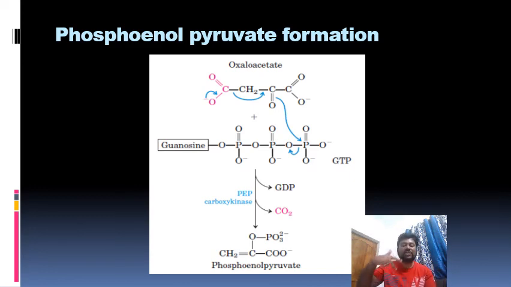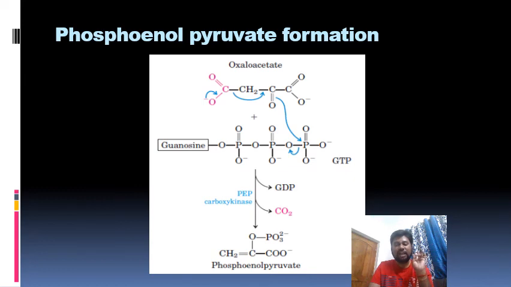The 2 enzymes needed for replacing the action of pyruvate kinase in gluconeogenesis are pyruvate carboxylase, which converts pyruvate to oxaloacetate, and phosphoenol pyruvate carboxykinase, which converts oxaloacetate to phosphoenol pyruvate.